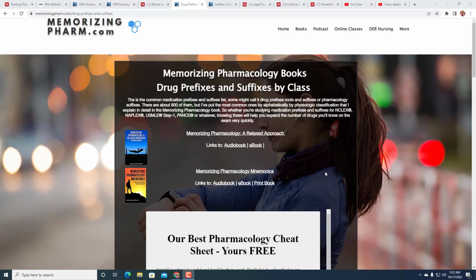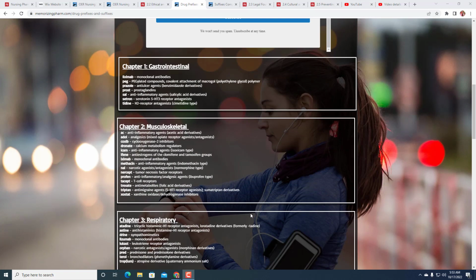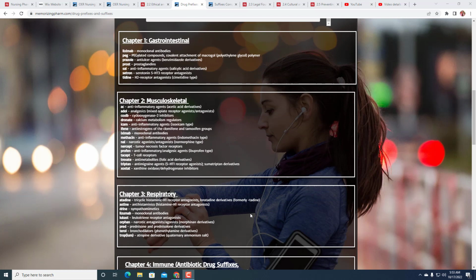So what I want to do is take you to two web pages on the website. The first one is memorizingpharm.com/drug prefixes and suffixes. This suffix and prefix list allows you to find a number of the medications and their suffixes.